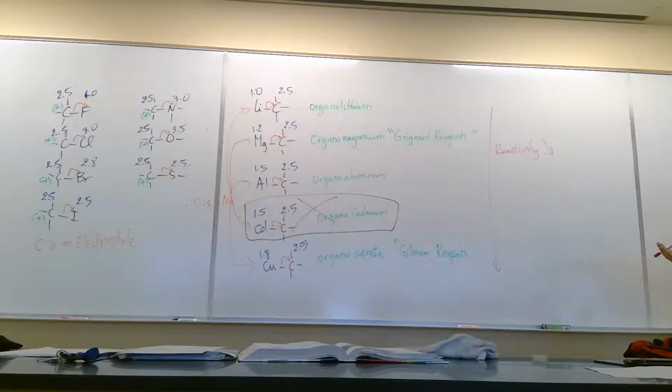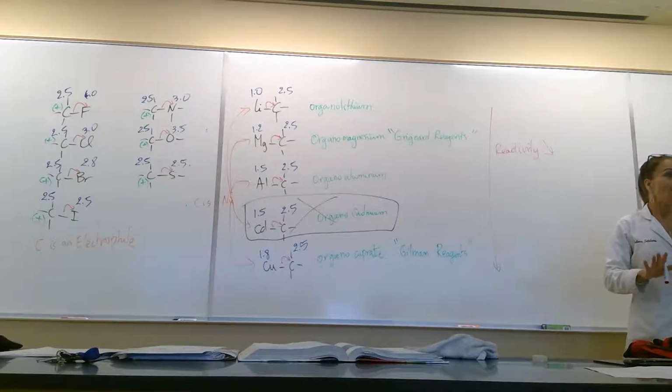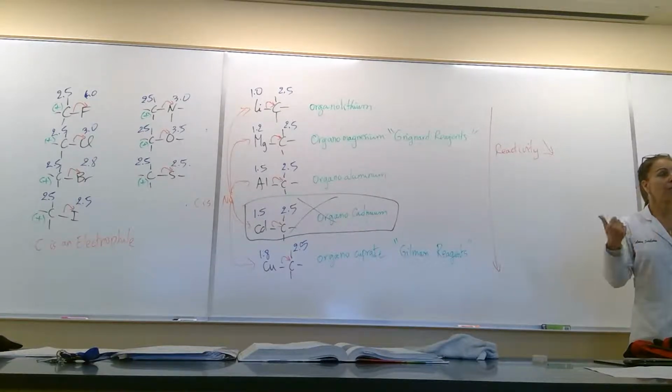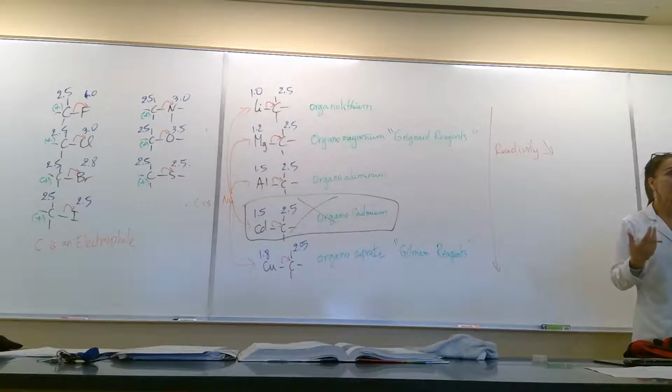So the reactivity decreases, which means if I put a lithium with a carbon anion, that would be the most reactive. But if I want something mild and slow reaction, to control it, I'll use the organocuprates. So that determines not only how fast, it's basically the rate of the reaction, okay?